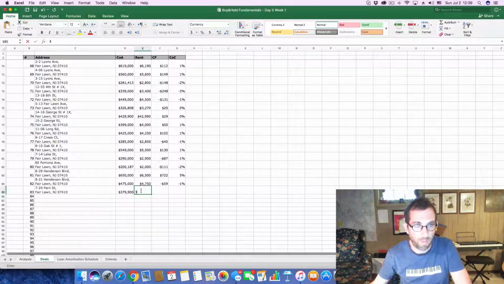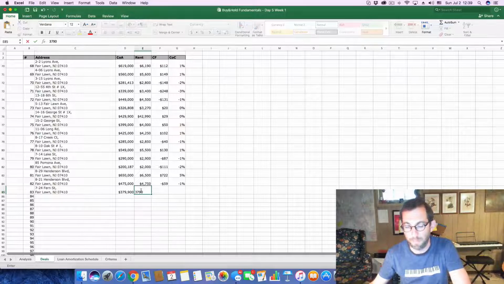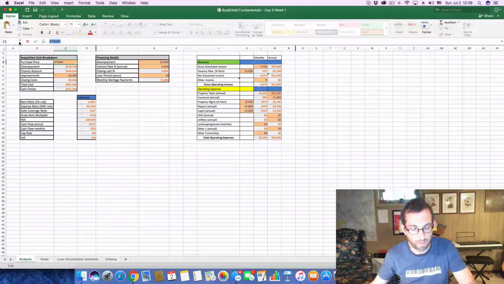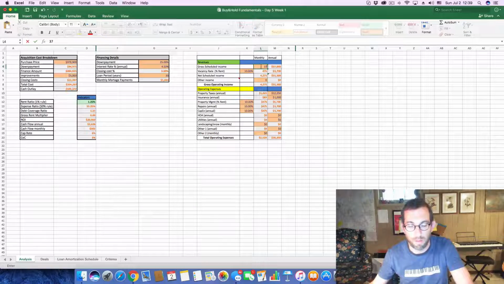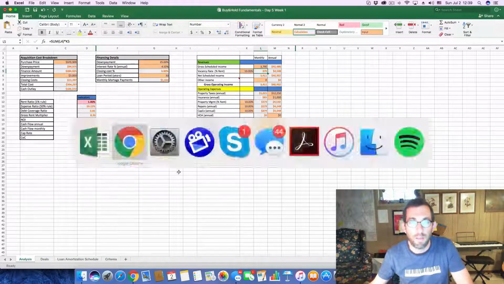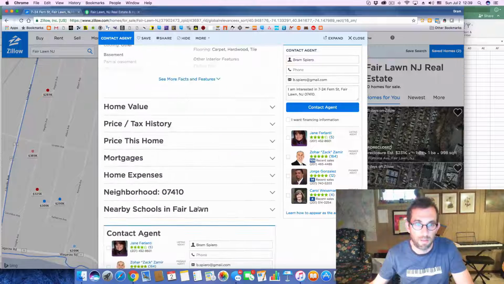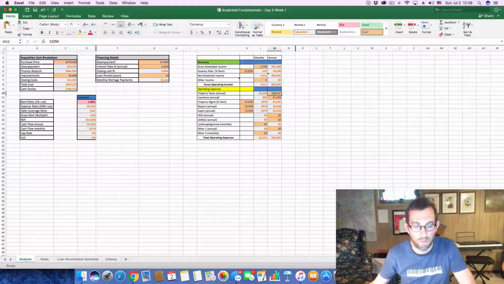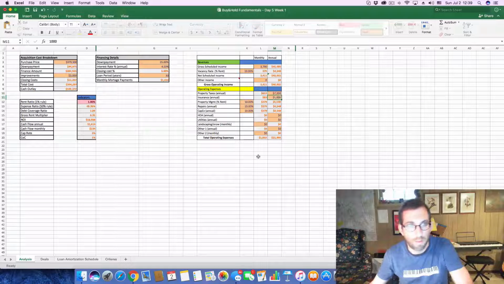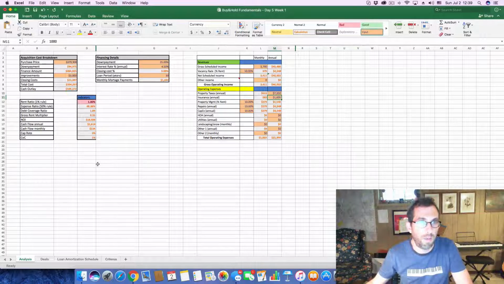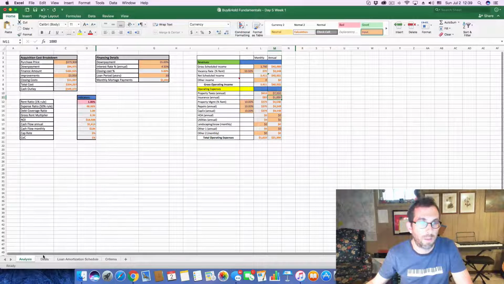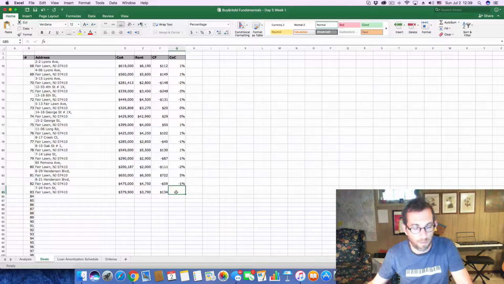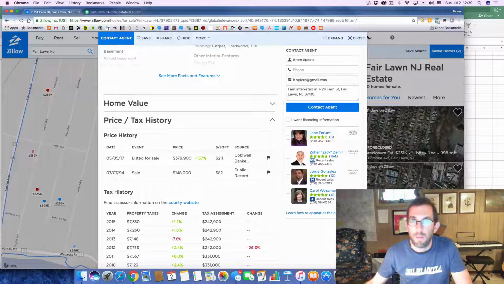Assume the 1%. Go to the analysis tab and repeat those two things. And check on the taxes. 7,350. And we're making 134 bucks and 1%. On to the next one.